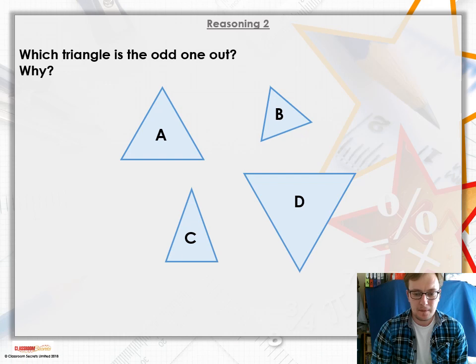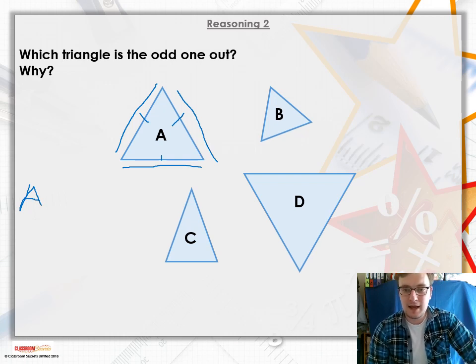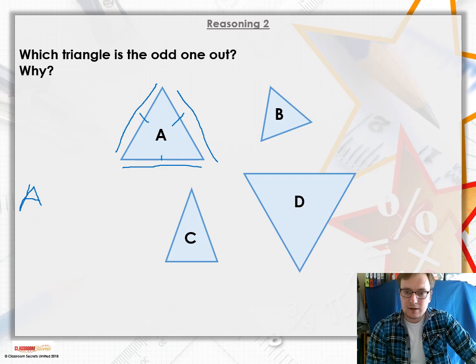So A, having a look at it, has 3 equal sides. And if it's got 3 equal sides, then it is an equilateral triangle. Let's see if it matches or doesn't match B here. So B has got 3 sides that are equal.